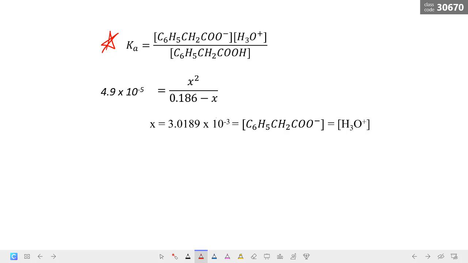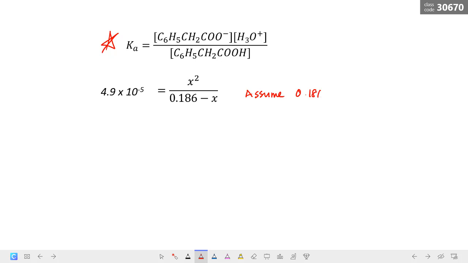So, macam biasalah sebenarnya kalau nak ikutkan, kita akan buat assumption. Okay. Kat sini kita assume dulu. Okay. Assume. 0.186 minus X approximately to 0.186. Jadi, kita akan ignore yang kat bawah ni lah. X yang dissociated itu.